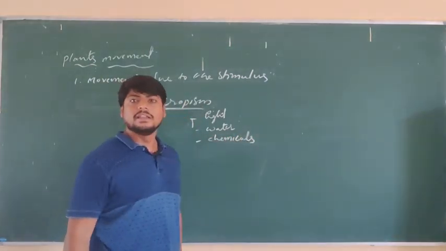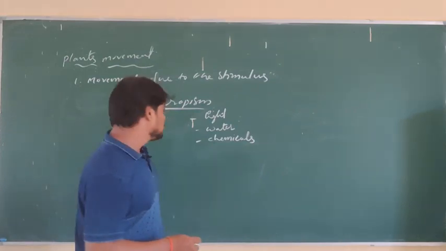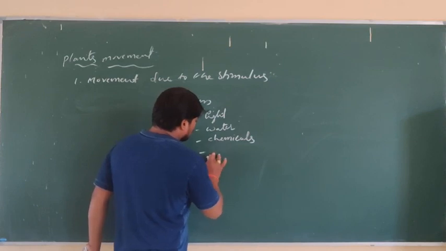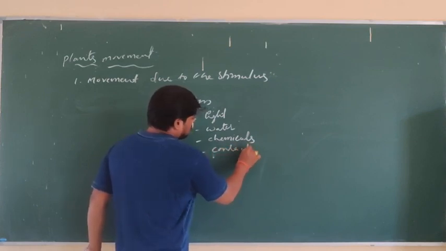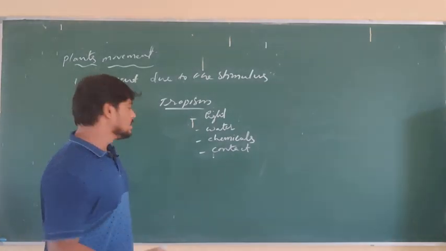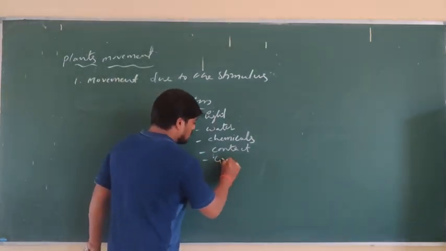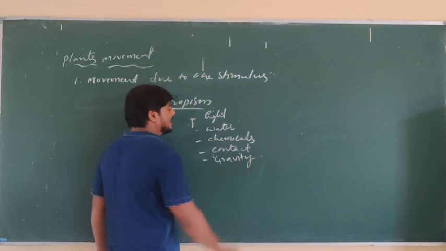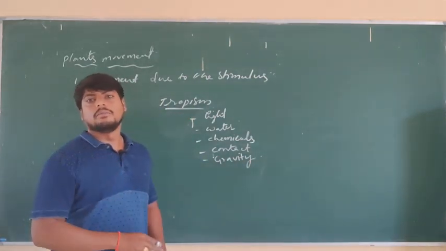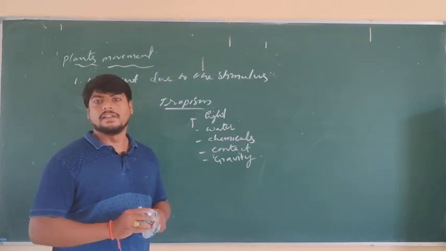Chemicals also cause movement of the plants towards themselves. Next, touch or contact also causes movement of the plant towards itself. Gravity also causes movement of the plants towards itself.